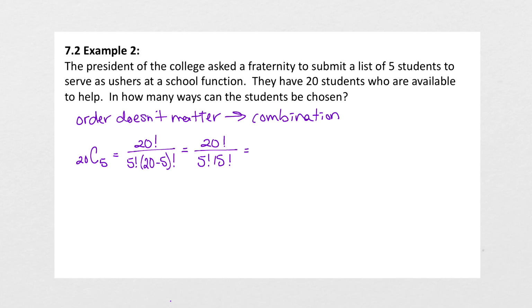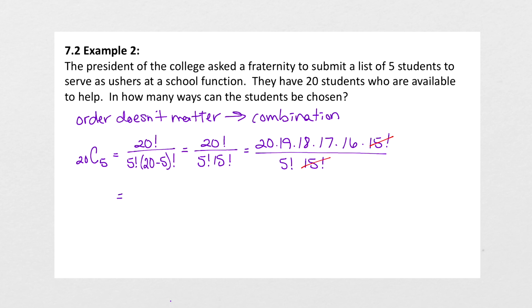And so I'm going to take the 20 factorial down to 15, and we'll be able to cancel. So 20 times 19 times 18 times 17 times 16 times 15 factorial. We could go all the way down to 5, but why? That's just more trouble. And the 15s will cancel.